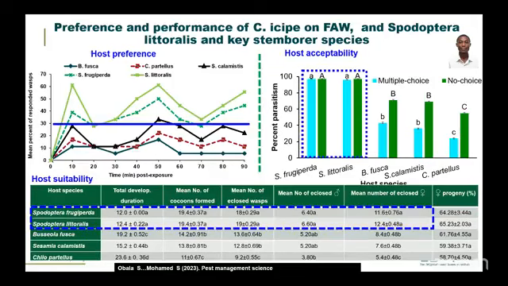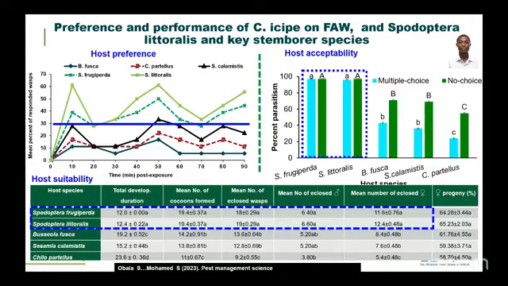Interestingly, we found this parasitoid preferred, of all the associated hosts, Spodoptera littoralis, but almost equally the fall armyworm, while the other hosts, the stem borers, are not preferred. And of course, this translates to whether the parasitoid is able to distinguish between the good hosts and those which are not.